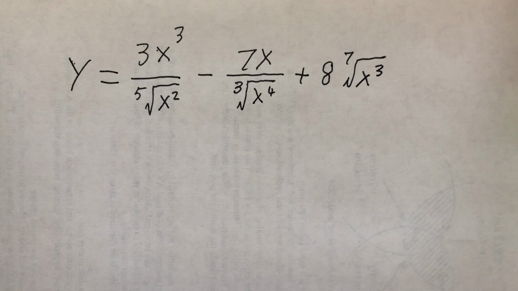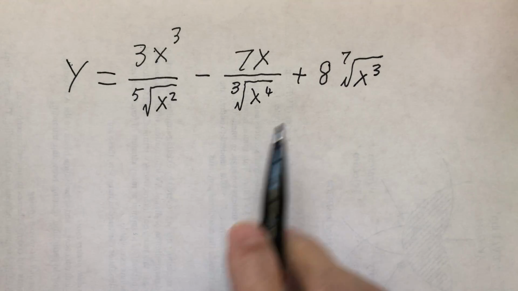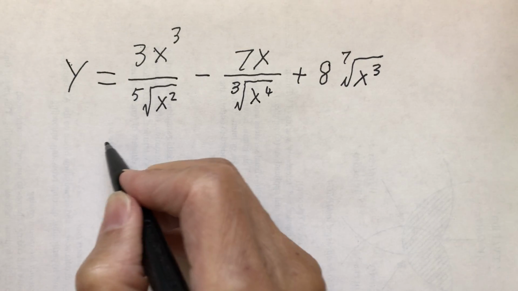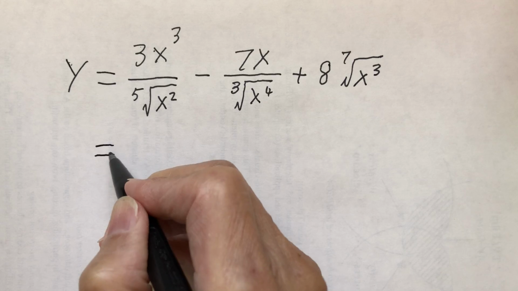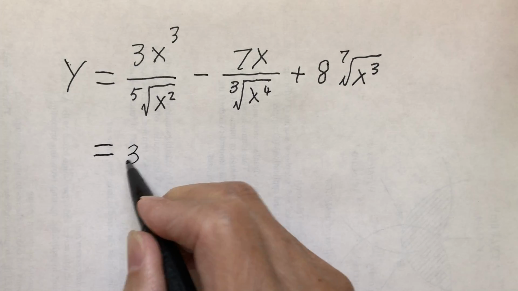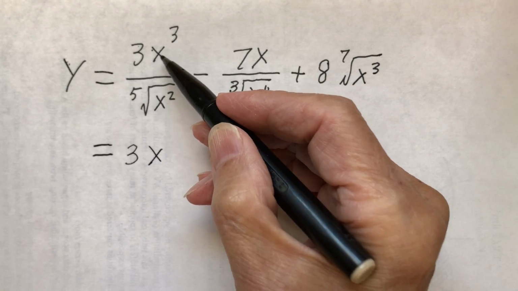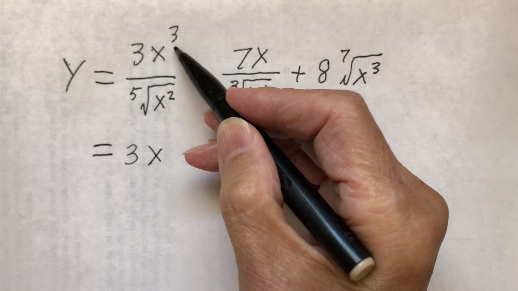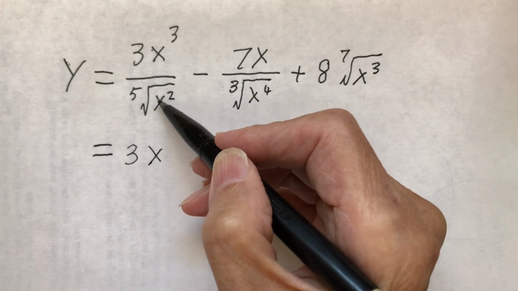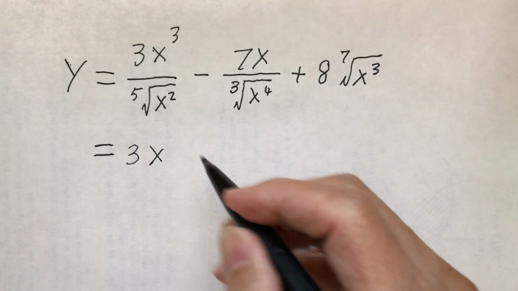Okay, this is my function. How do I find the derivative? I use the sum and difference rule, okay? So first, I need to rewrite the function as 3x, this divided by that is this power minus this power. You need to change the radical into an exponent.